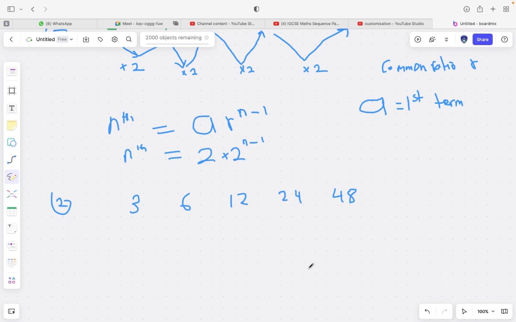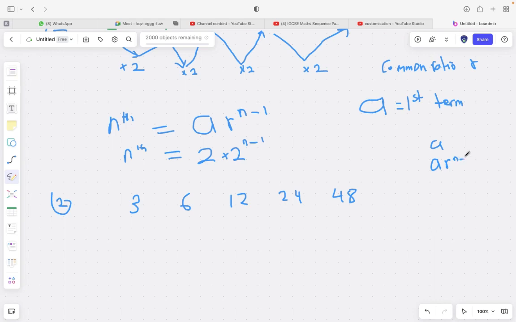So the first term will be 3 in this case. Second term will be 3 multiplied by the common ratio. First term is A. Second term will be what? AR. Because second term, n will be 2.